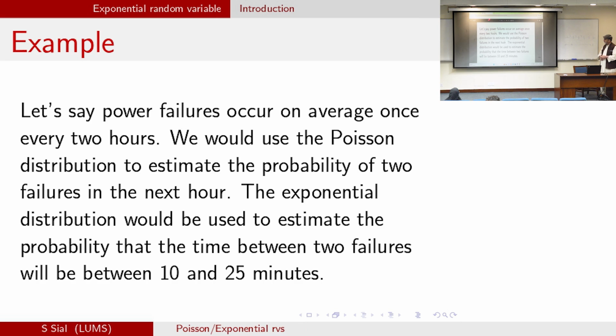That would be the number of power failures, so you would be using the Poisson distribution. What's the probability that a power failure occurs between 10 and 25 minutes from now? That probability, the exponential distribution is telling you that.